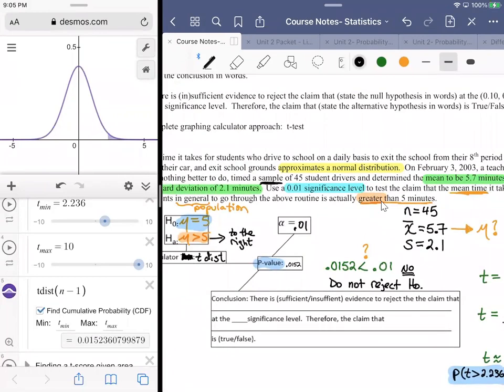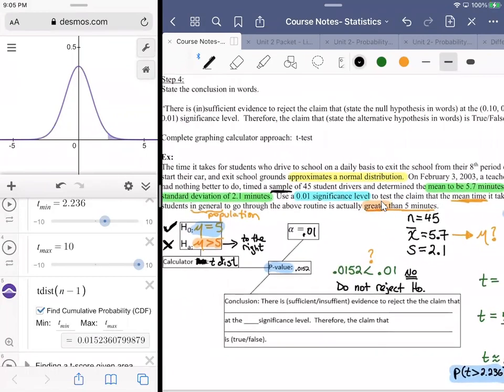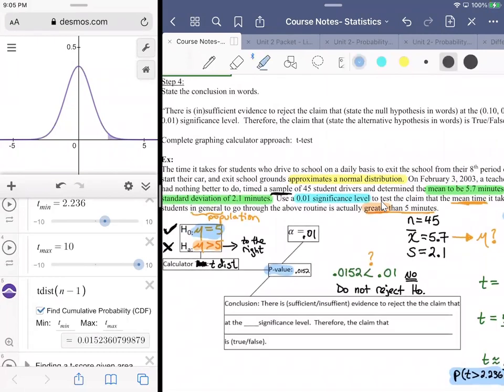All right. So there is insufficient evidence to reject the claim that the population mean time to leave school is 5 minutes.